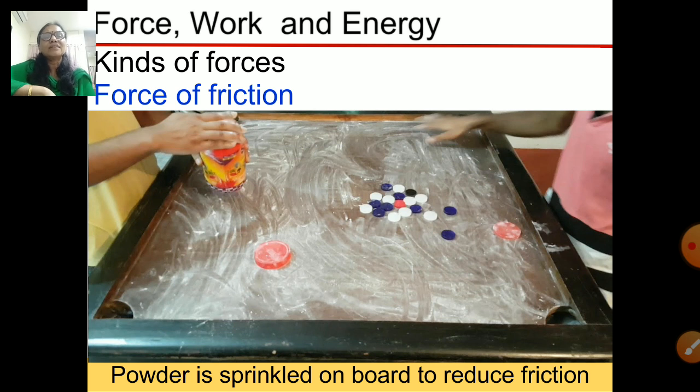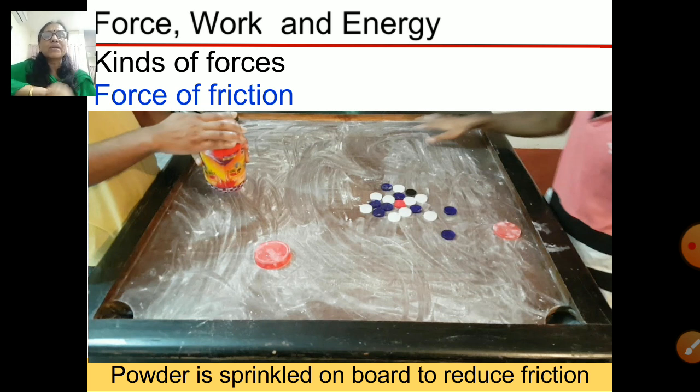Yes, children. So when you put the powder on it, the surface becomes smooth, and as it becomes smooth, your coins can nicely move, and you can have more coins in your kitty.